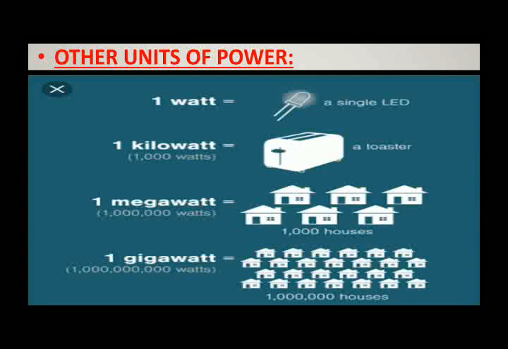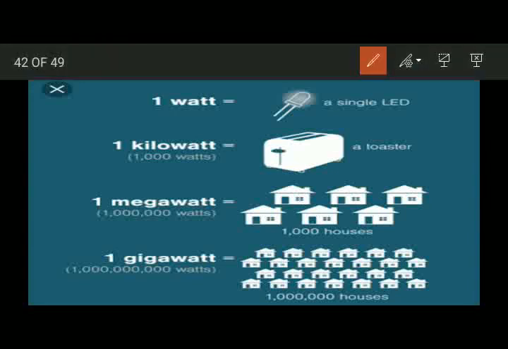Now here is one more example. We say that a single LED has power of 1 watt. It means it consumes 1 joule of electrical energy in 1 second. Similarly, a toaster has a power of 1 kilowatt. It means 1000 watt energy is consumed in 1 second.